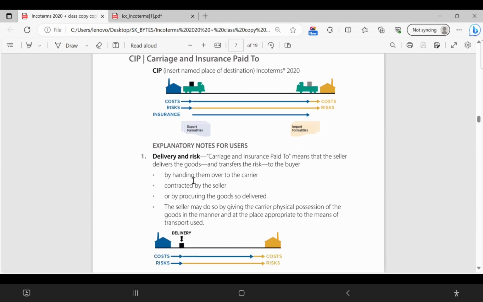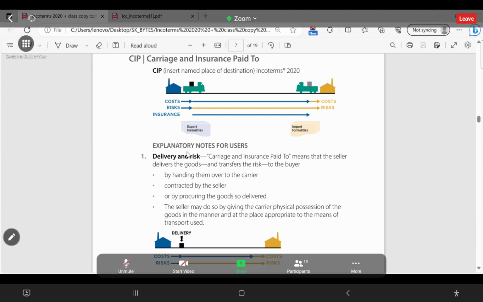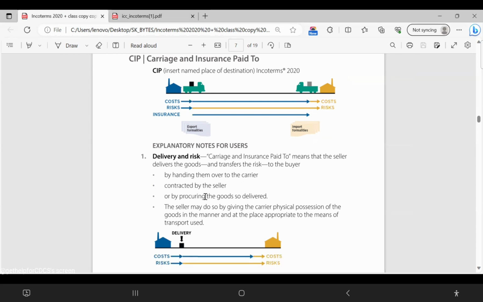Now, carriage and insurance paid to means the seller delivers the goods and transfers risk to the buyer by handing them over to the carrier contracted by the seller. Yes, it has to be contracted by the seller because he is going to pay the freight.